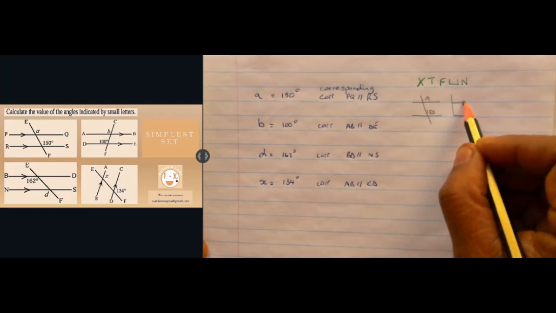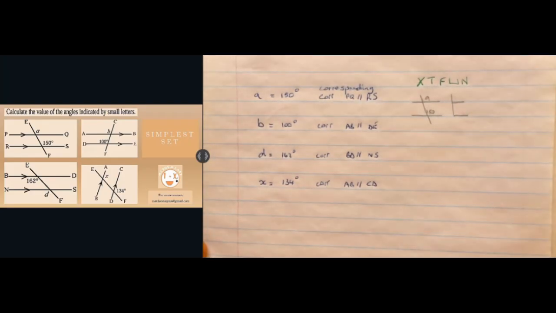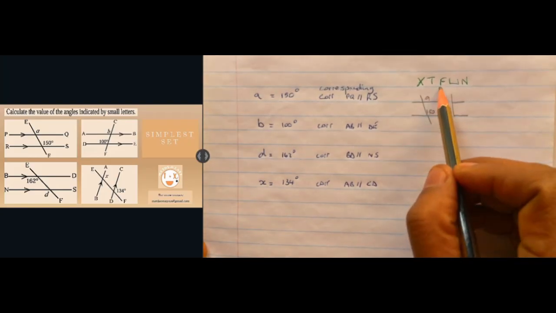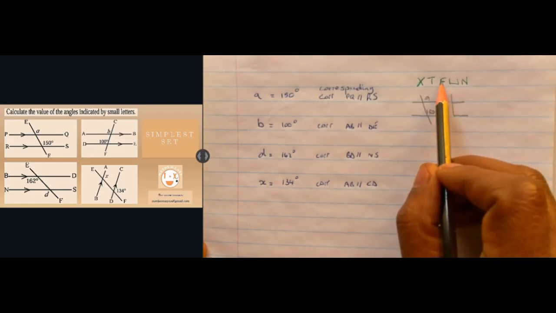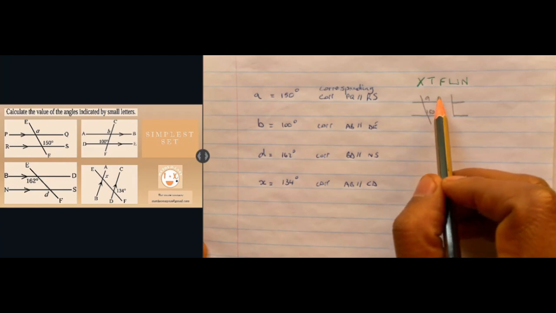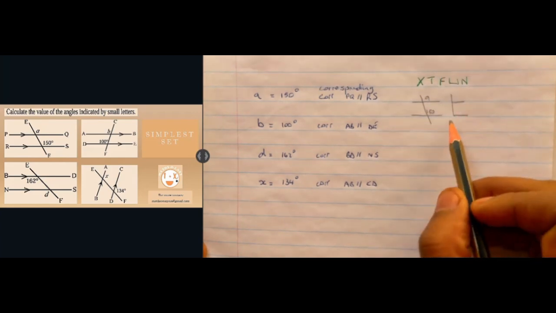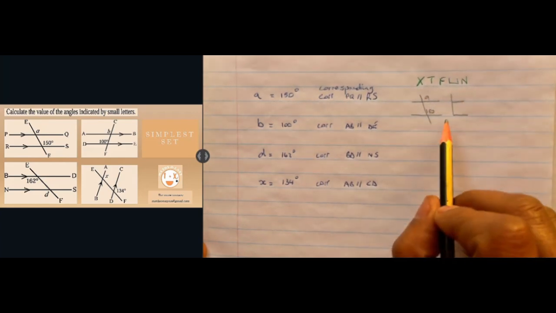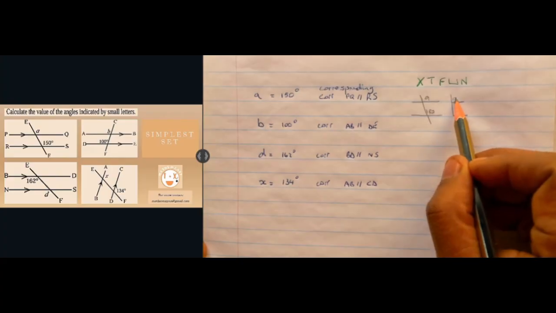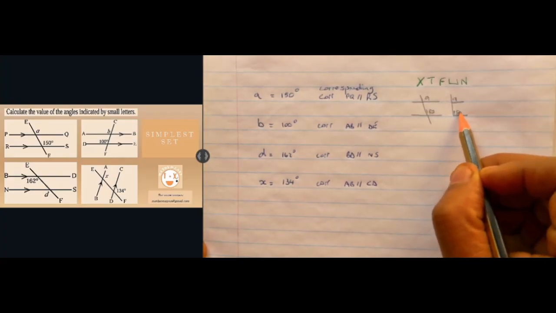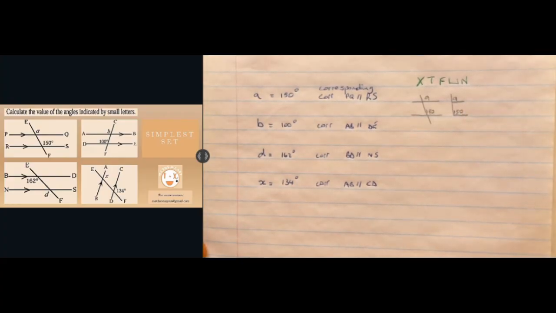It is tipped and flipped. Right, the bottom part is on top, and then this part, no, it's not flipped, it's just tipped. So our A is there, and then our 150 is there. That's why it is corresponding.